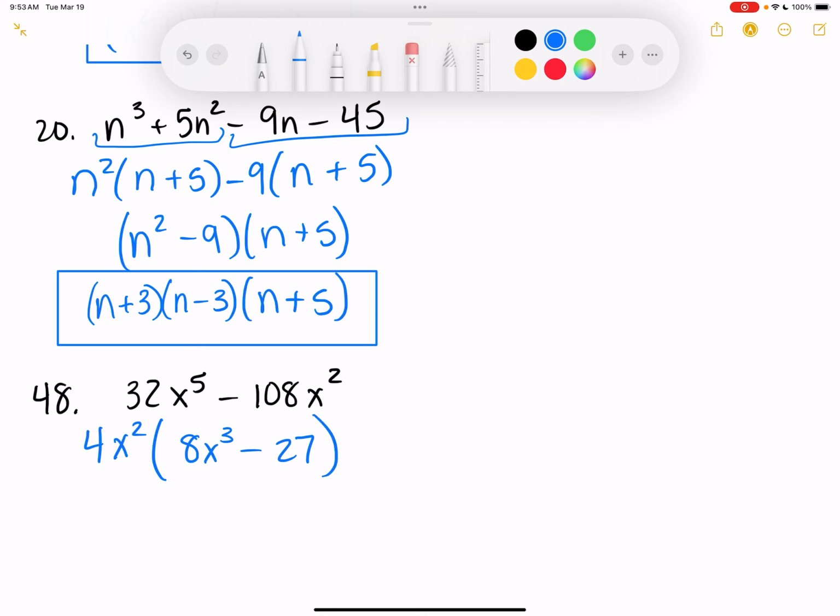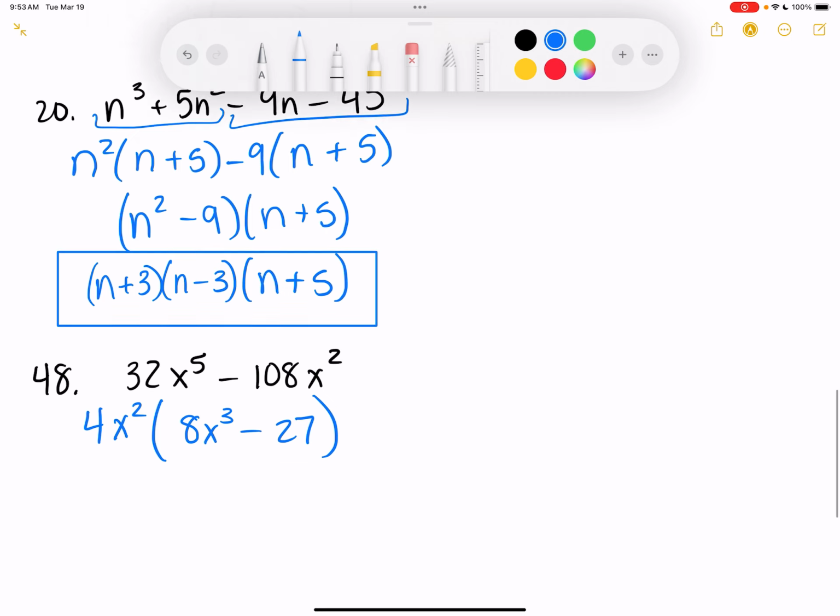Now, is there anything else I can do? Sometimes that's all you can do. But with this one, is there something else I can do at this point? Yes. You can. What is it?